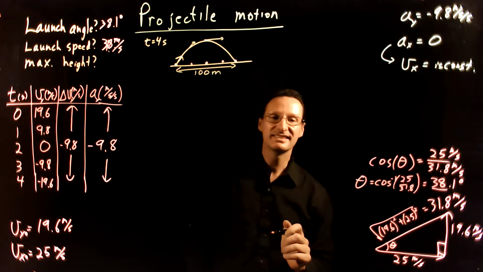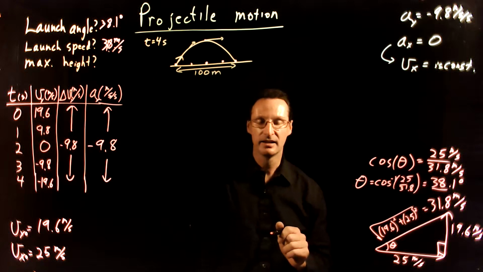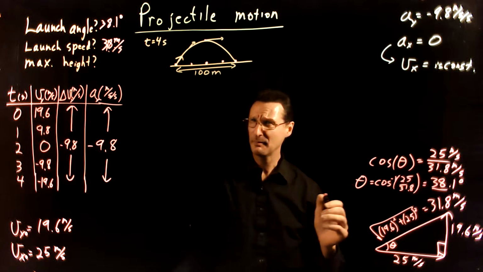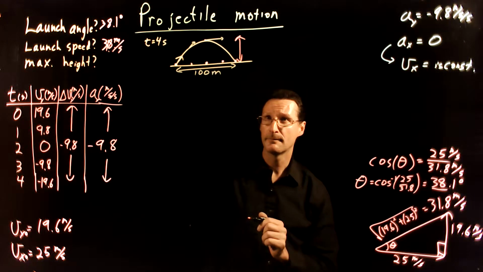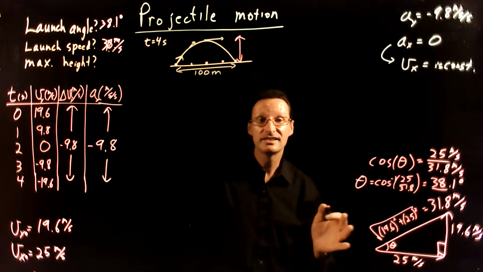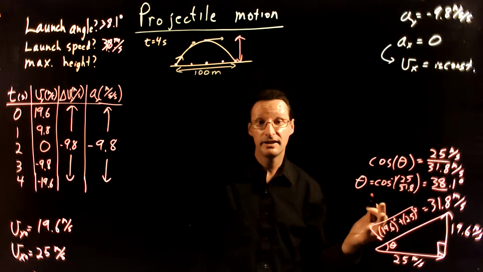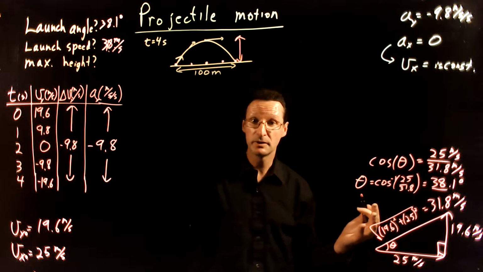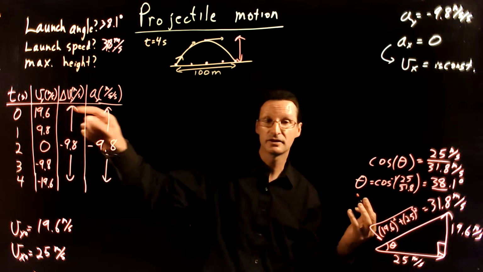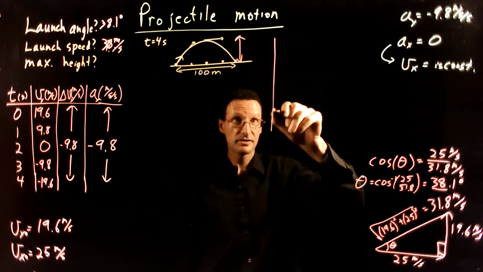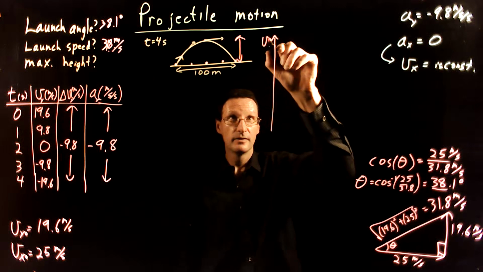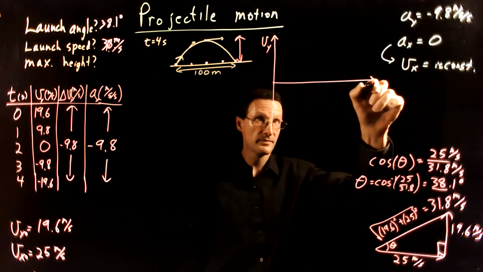Now the last piece is I need to get the maximum height for my projectile. Now how am I going to do that? That would be this height there. Well, I can answer this the normal way that I analyzed one-dimensional motion. I just need to analyze the one-dimensional vertical velocity. So let me just draw a graph of the vertical velocity over time.